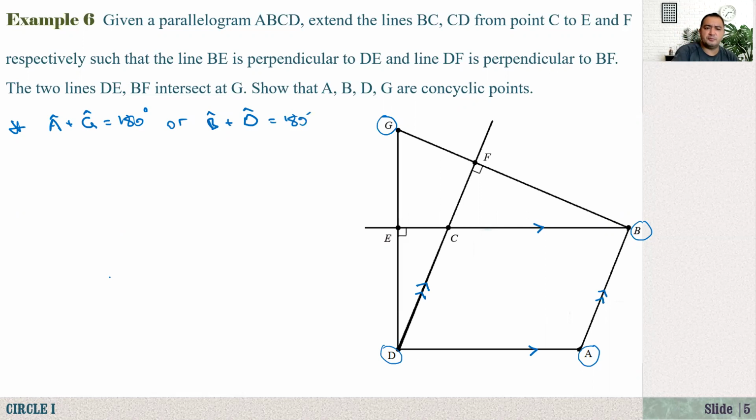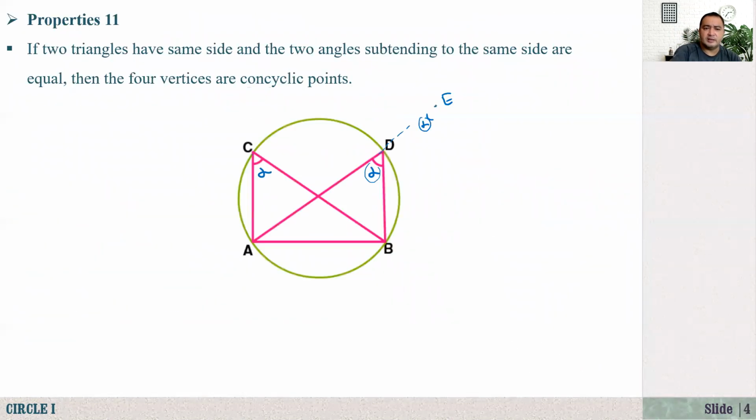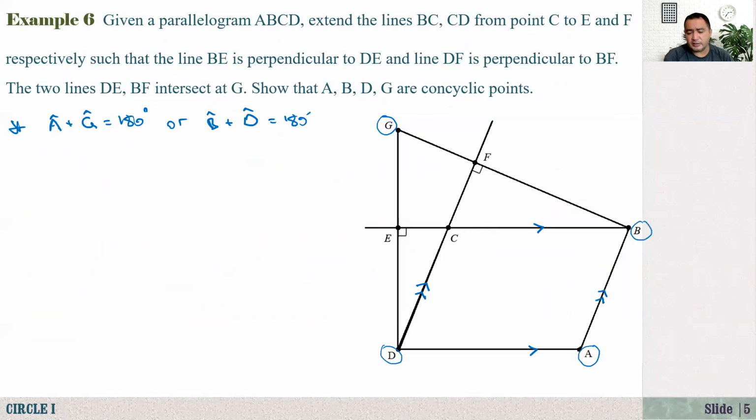And we are going to use property 9. It says that if you're given any quadrilateral and the sum of opposite angles is equal to 180, then it is a cyclic quadrilateral, right? So we have to show that angle A plus angle G, let's say, is equal to 180 degrees.